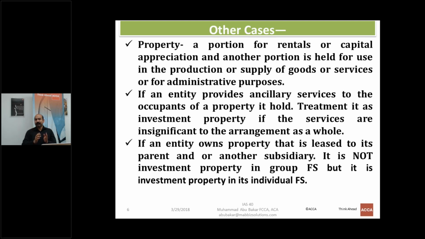When the subsidiary prepares its own individual financial statement, the subsidiary will treat this property which is rented out to the parent as investment property. But when the parent prepares consolidated financial statement, of course, within those financial statements, the financial statement of this individual subsidiary will also be consolidated.